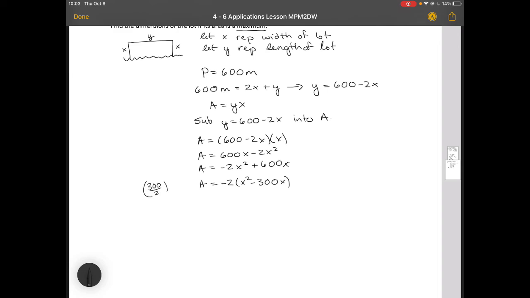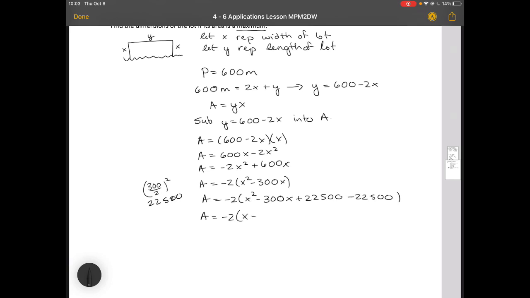So 300 divided by 2 squared is going to be 150 squared, which is going to give us 22,500. So the value that I need to complete the square is going to be plus 22,500 minus 22,500.